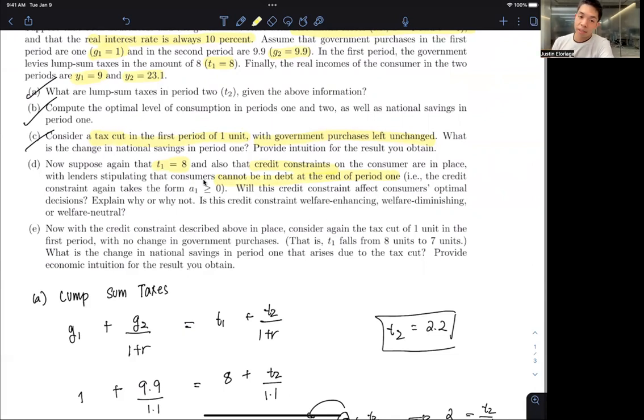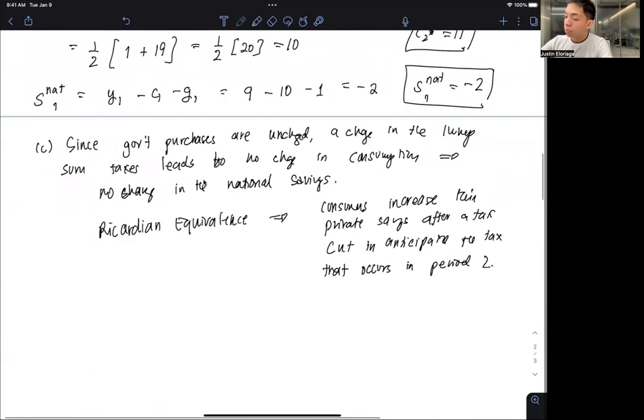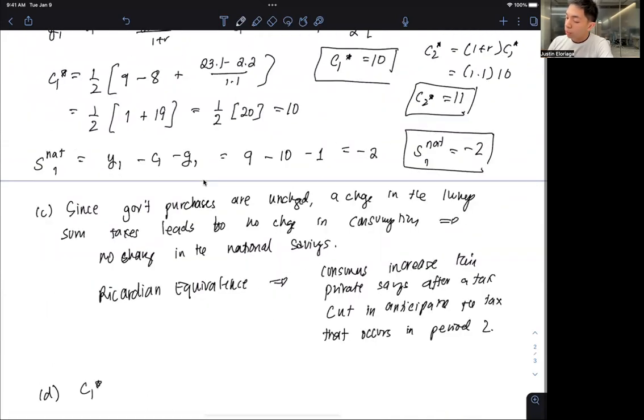The answer is yes. And is this credit constraint welfare enhancing, welfare diminishing, or welfare neutral? Let's understand this question. It's actually quite simple. D. Recall that when we calculated here, we know that C1 star is equal to 10 and Y1 is equal to 9.